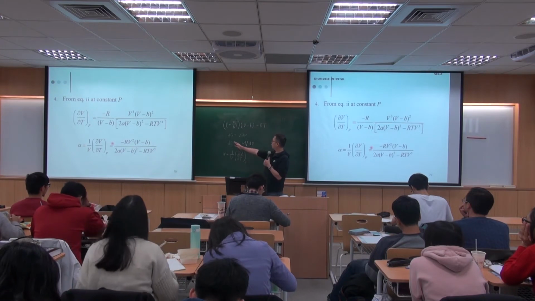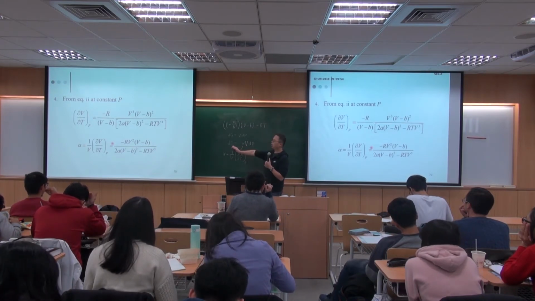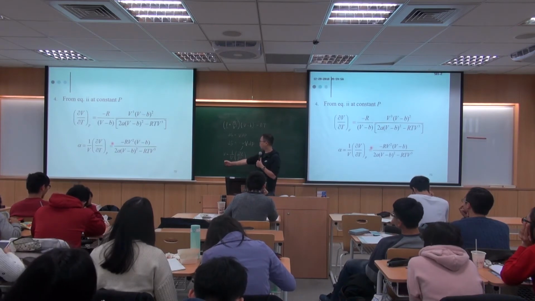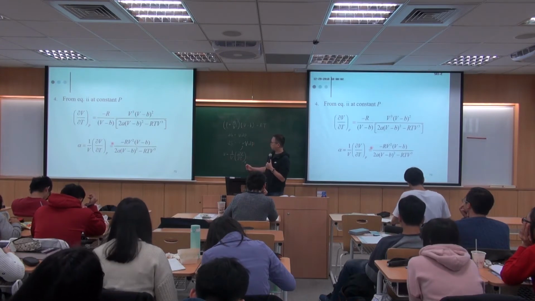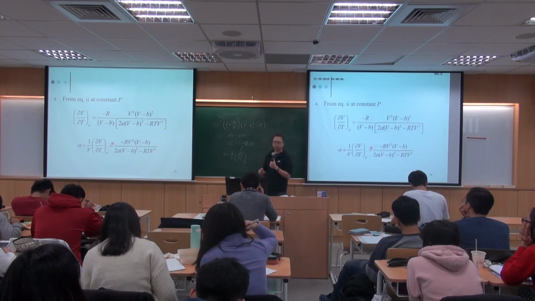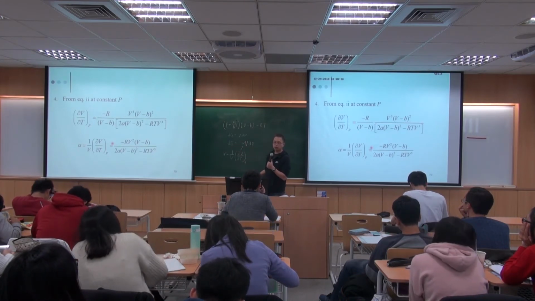So you see that there are a lot of things that you need to work on if you want to calculate delta S. First of all, you have to know the explicit form of alpha for that certain gas, right?